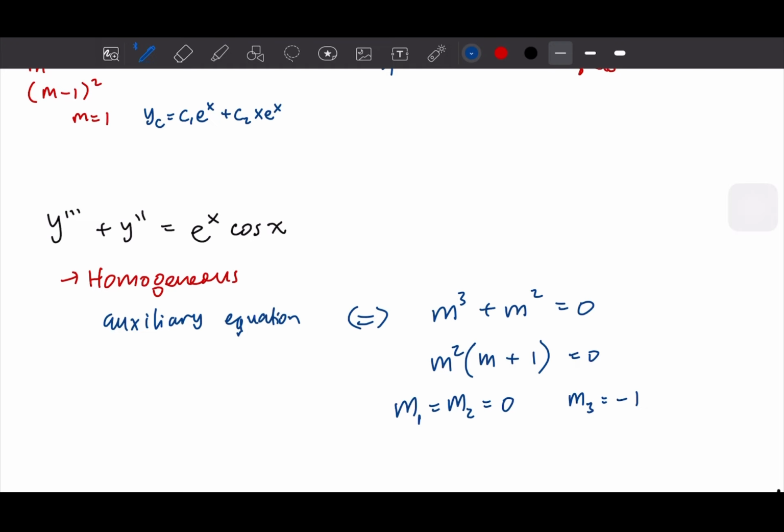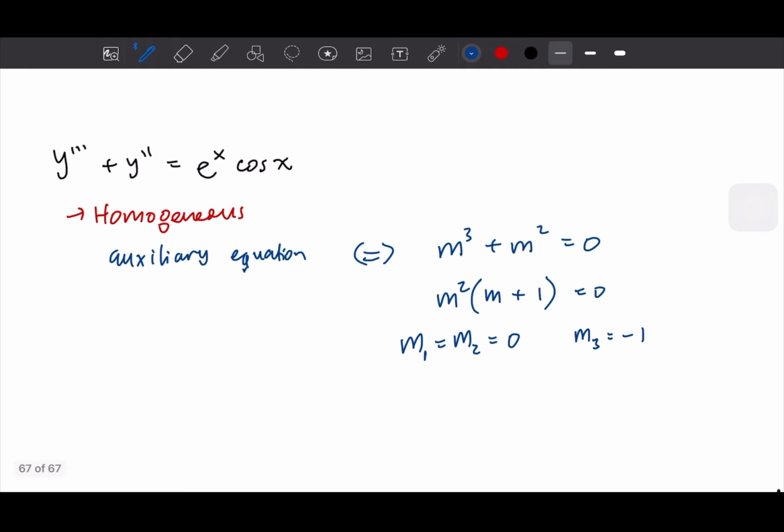And we can write down our complementary solution, yc. So C1, because it's e to the power of 0, so it's 1. And then plus, because it has the same root, we need to multiply with x, so C2 x.